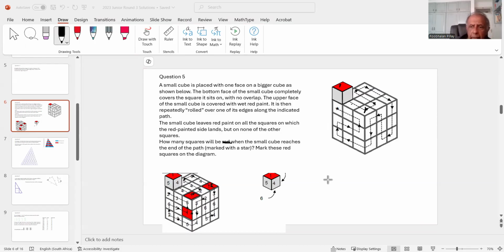Now in any dice, I don't think you are aware, or maybe you might be aware, that these numbers 1 to 6 are not random. If this is 1, then the opposite face is 6, because the opposite faces in a die always add up to 7.